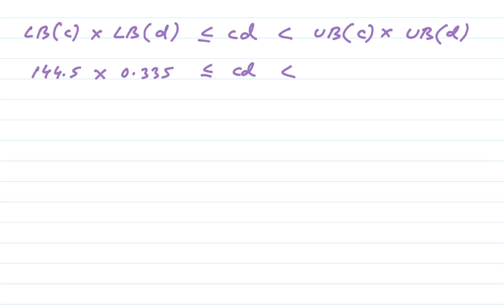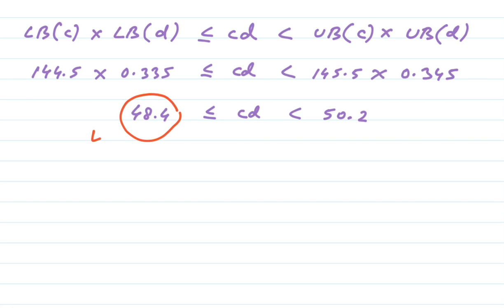The upper bound of C is 145.5 times the upper bound of D, which is 0.345. The lower bound of C times D equates to 48.4, and the upper bound of C times D equates to 50.2. So this is the lower bound, and this is the upper bound of C times D.